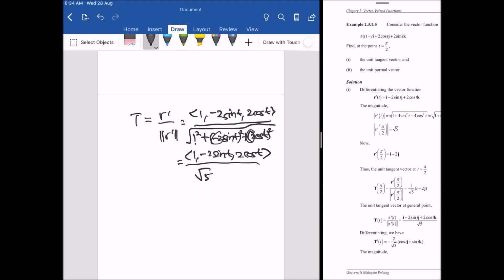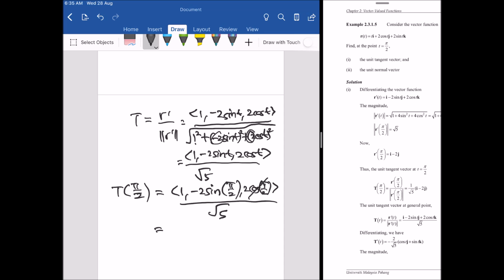Okay, so this is our unit tangent vector. The question asks to find the unit tangent vector at time t equals pi over 2. So we have 1, negative 2 sin pi over 2, 2 cos pi over 2, over square root 5.